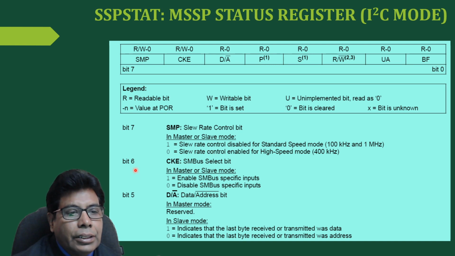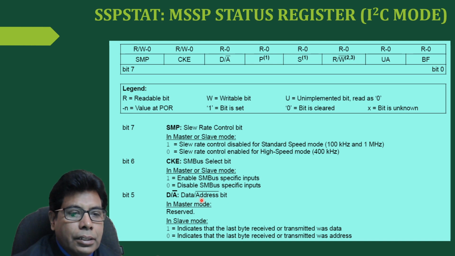And then bit 6, that is the SMBus select bit. So if it is 1, the SMBus specific inputs will be enabled, and if it is 0, it will disable the SMBus specific inputs. Then bit 5, that is the data address bit.